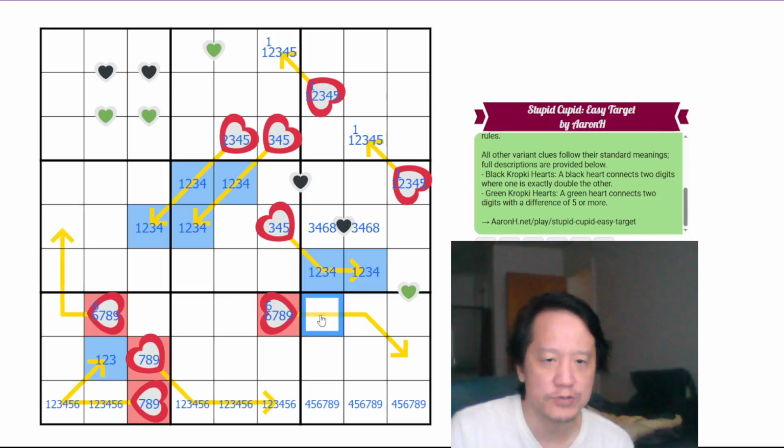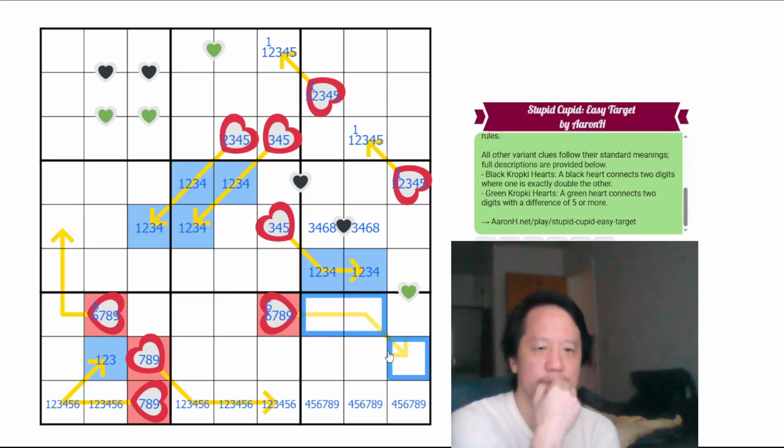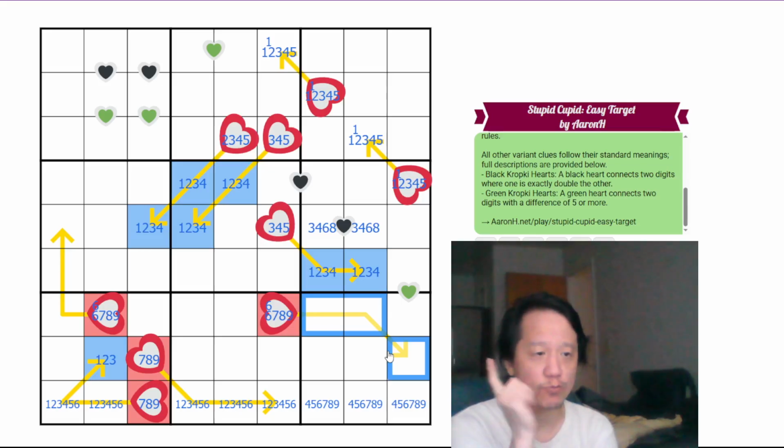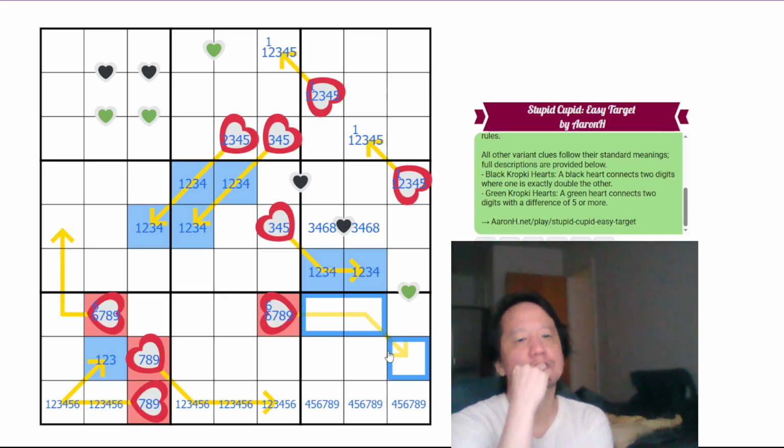Either this set is 1, 2, 3, or this set's 1, 2, 3. The green Kropke hearts will contain 1 low digit and 1 high digit, guaranteed. Because we know that... Oh, that's one thing.